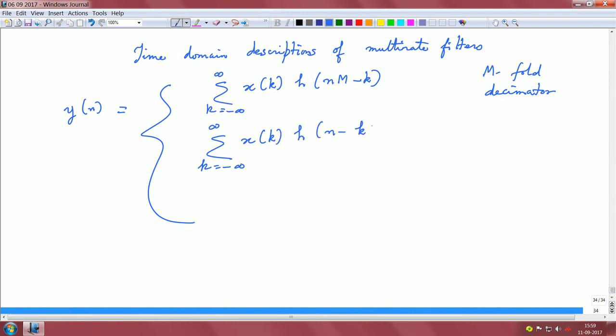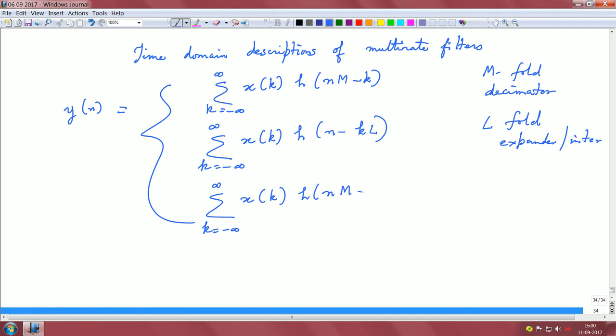It is n minus kL if it is an L fold expander, I would say interpolator, and it is of this form, x of k times h of n times m minus k times L, if it is an m upon L fold decimator.